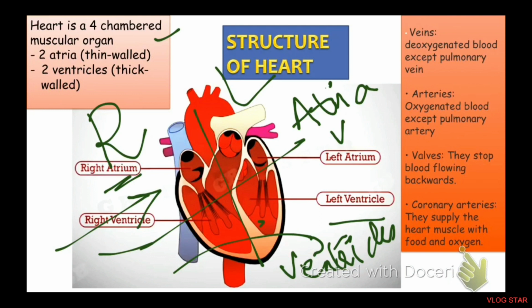So for now you can remember that deoxygenated blood is carried by the veins and oxygenated blood is carried by the arteries, except for the pulmonary artery. Now if you notice, in both cases there is this word pulmonary.